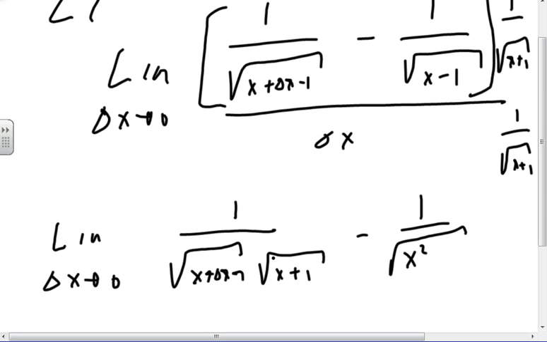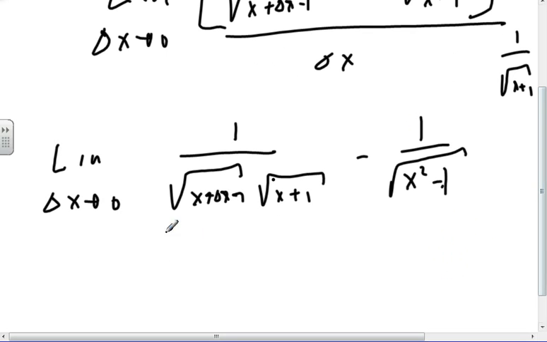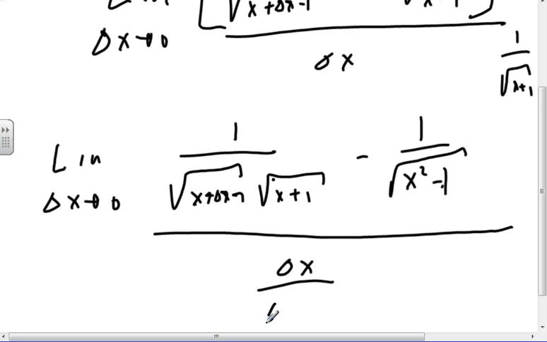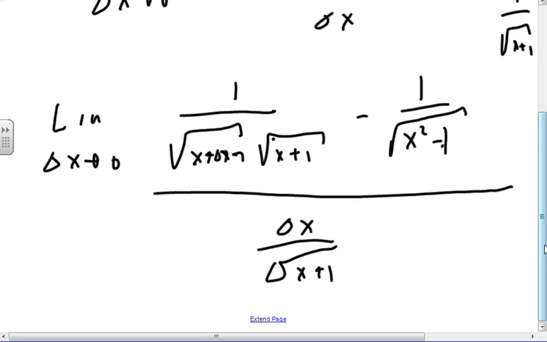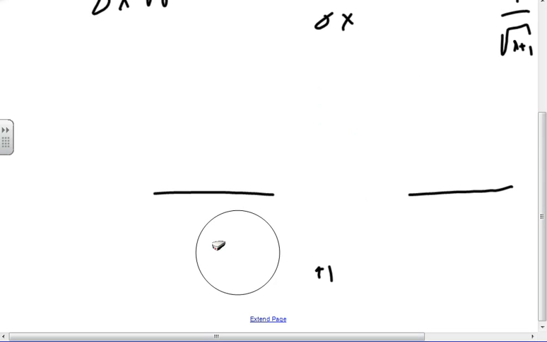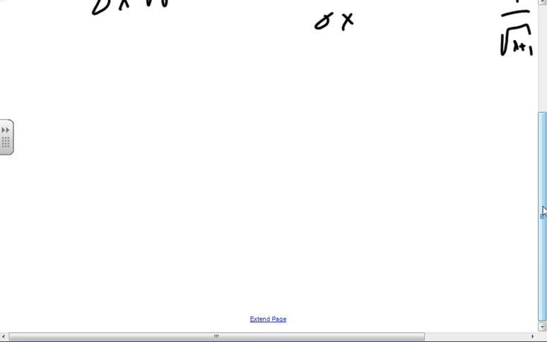That didn't work out very well, did it? Divided by delta x over the square root of x plus 1. Yeah, I probably don't want to do that. Better come up with a better plan.